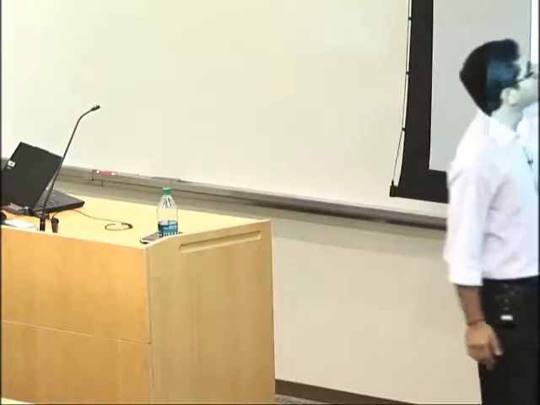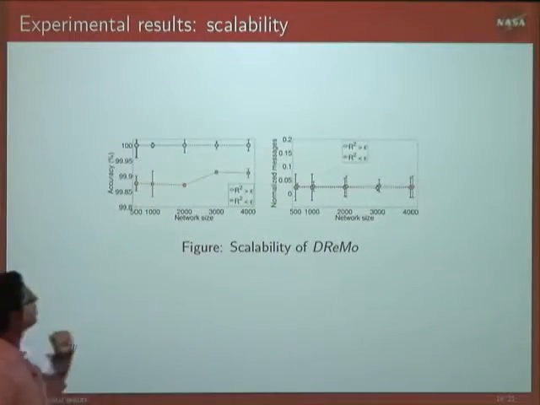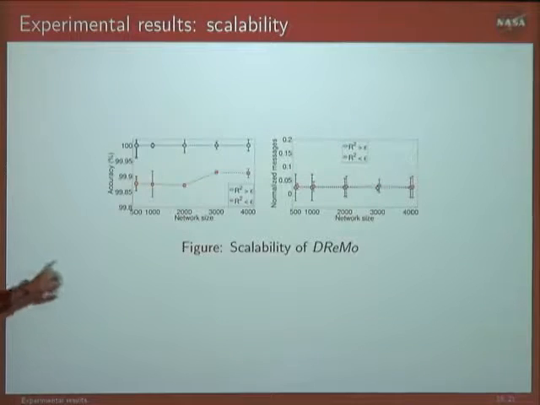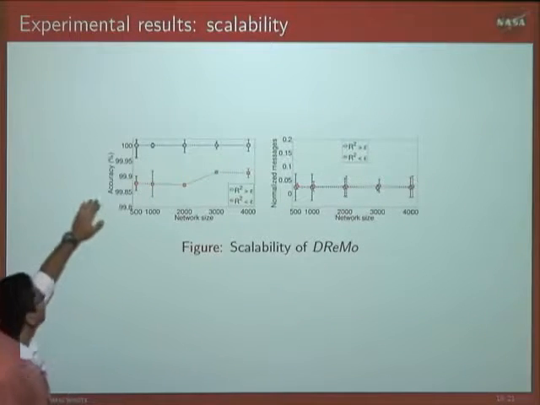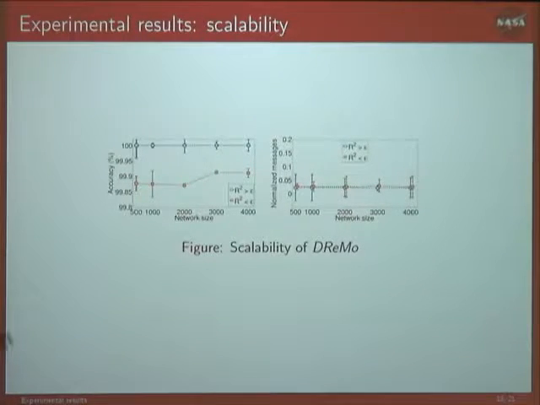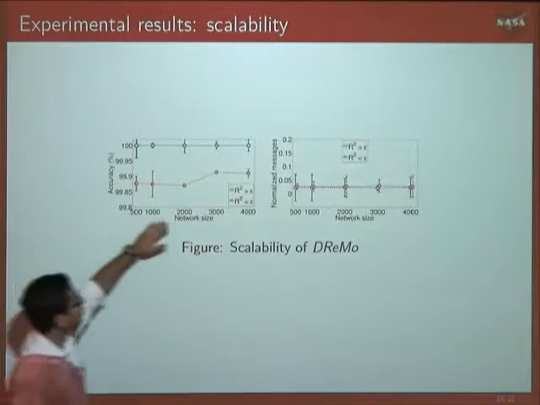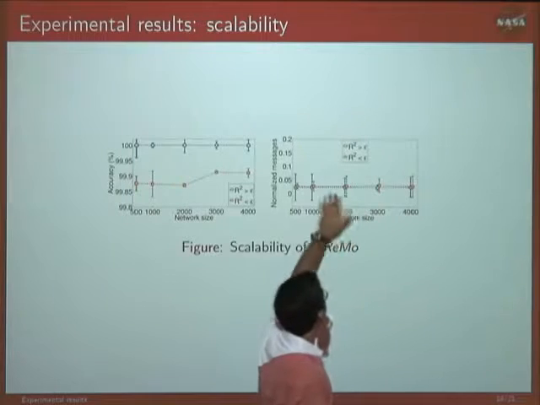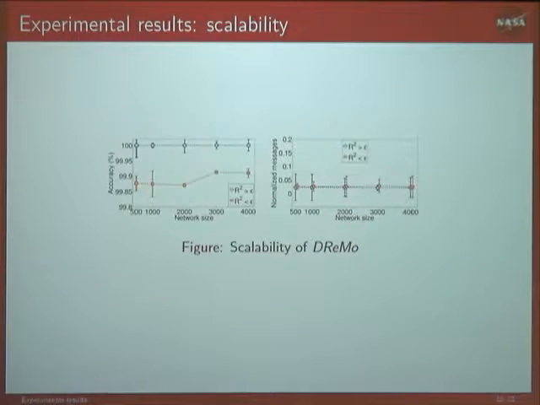So what we did was we changed the network size from 500 nodes to 4,000 nodes, and we plotted the accuracy of the peers and the number of messages. What's happening is, as the number of nodes increases, the accuracy remains almost constant, which is the left one, and the messages per peer is also constant, which means that you can infinitely increase the number of nodes in the network, and the scalability will not be hampered.